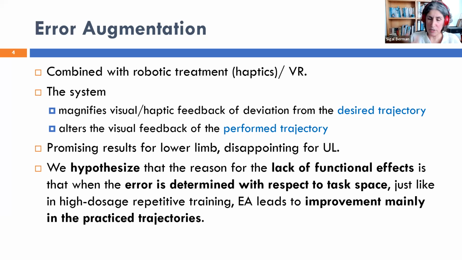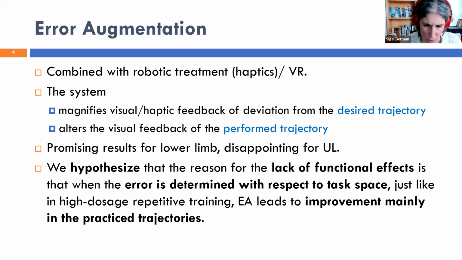There were promising results with error augmentation for the lower limb, but once again, results for the upper limb are disappointing, and we hypothesize that this has to do with the fact that augmenting error at the task level mainly leads to more training in task space.